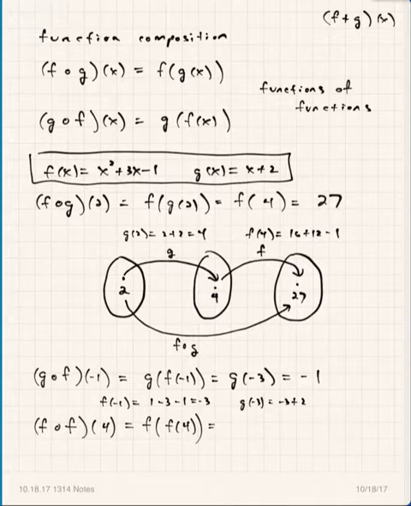And so f of 4, you do the first one, and f of 4 would be equal to 16 plus 12 minus 1, or 27. So this would be f of 27. And we had calculated f of 4 at the top of the page before.